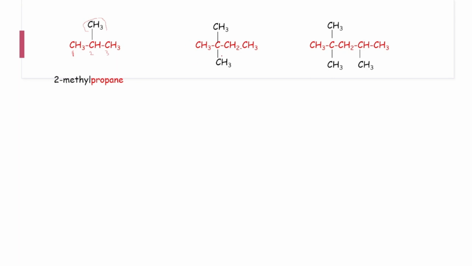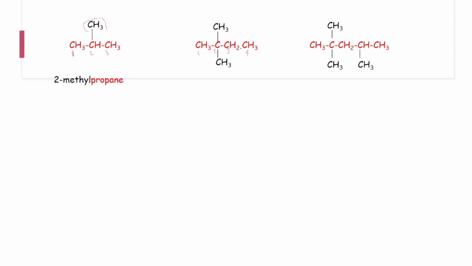Let's go to the second one. To give this compound an IUPAC name, I have to choose the longest carbon chain, which is the one in the red color. I have carbon number 1, 2, 3, 4, so meth, eth, prop, but.